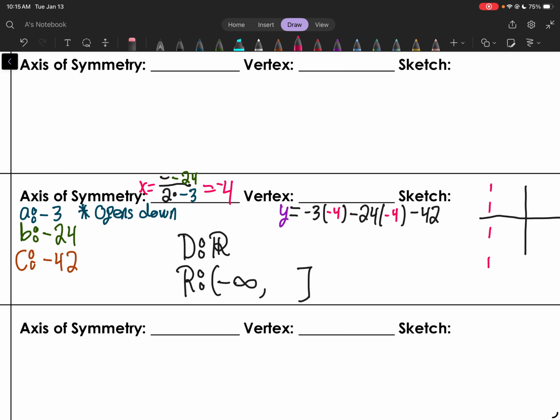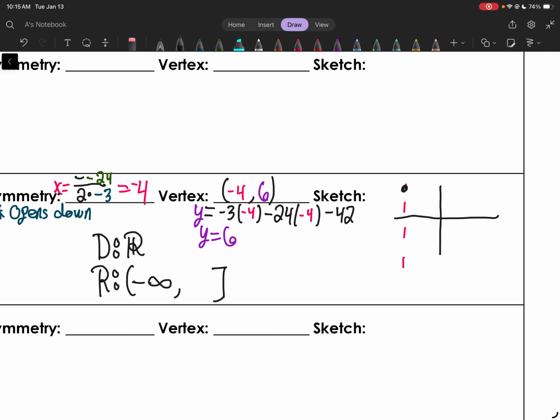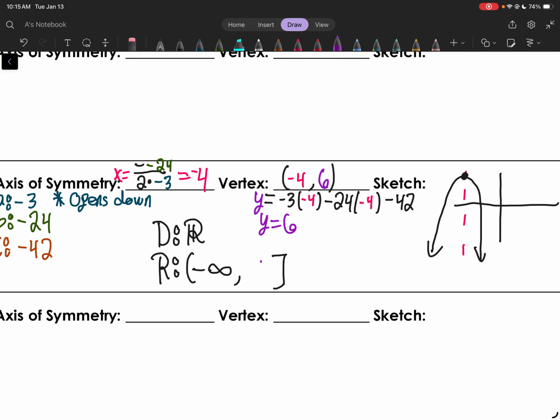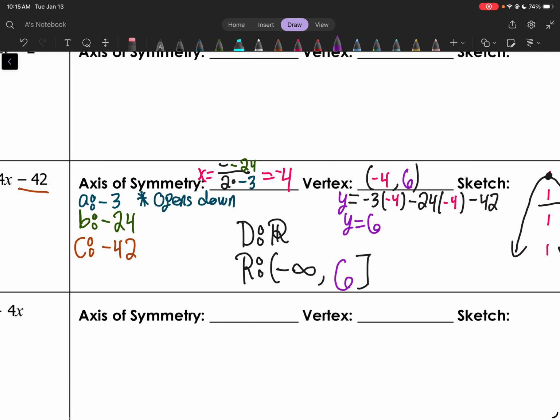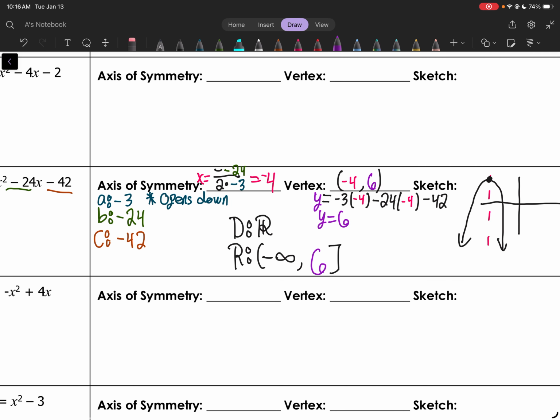I'm trying to color code this the best that I can. All right, when we do this, we are going to get y equals 6. So -4, 6 is going to be my high point, my maximum, and it's opening down. Number 6 is finished.